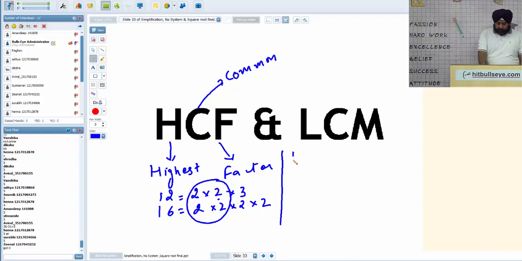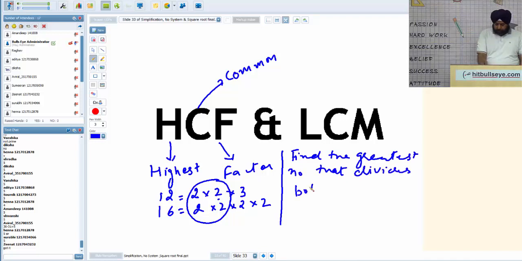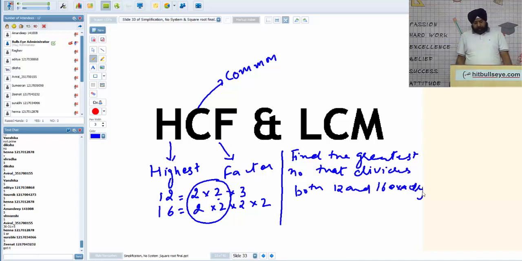The proper statement is: find the greatest number that divides both 12 and 16 exactly. Obviously it should be present in 12 as well as 16 and should be greatest. So it is the HCF of 12 and 16, that is 4.